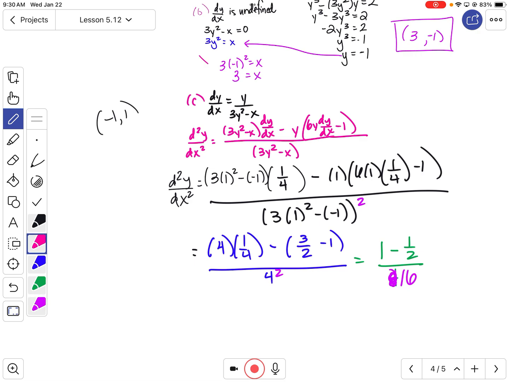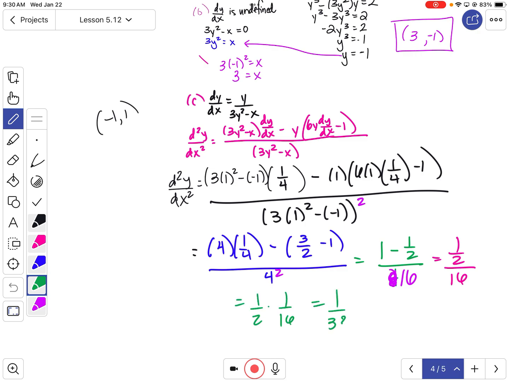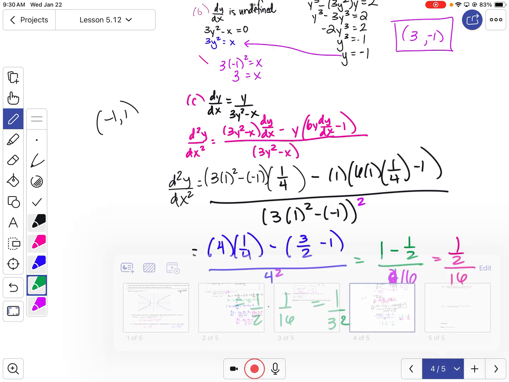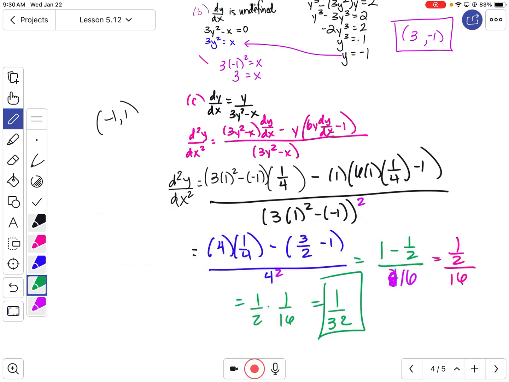On the top, I'm going to get 1/2, and I'm going to divide it by 16, which is going to give me 1/2 times 1 over 16, which is 1 over 32. So those are your basics in terms of a free response question when it comes to implicit.